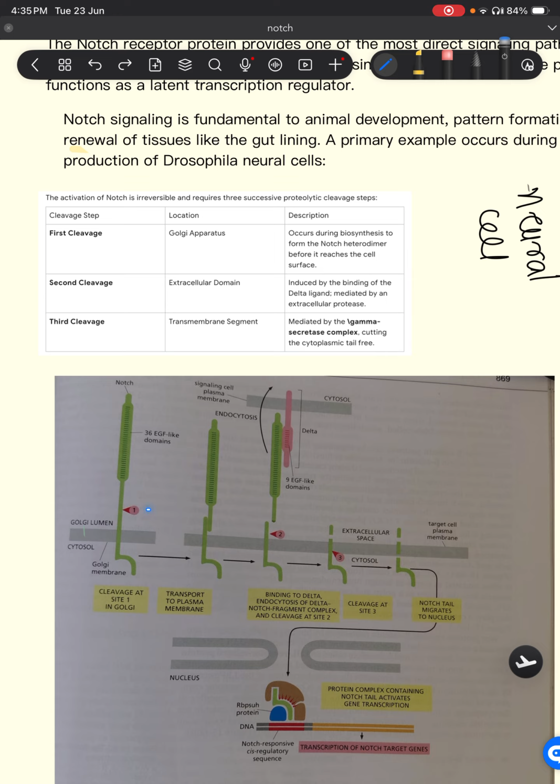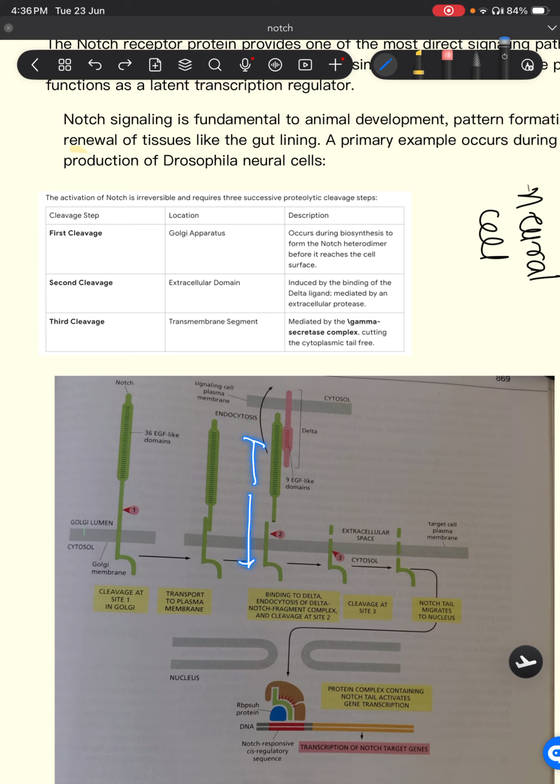So this is the first site of cleavage. It will create heterodimer 1 and 2, both are heterodimers, right? This segment will come in contact with Delta and they will interact through EGF-like domains. This will go into endocytosis.